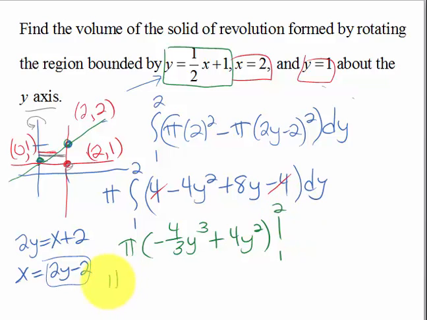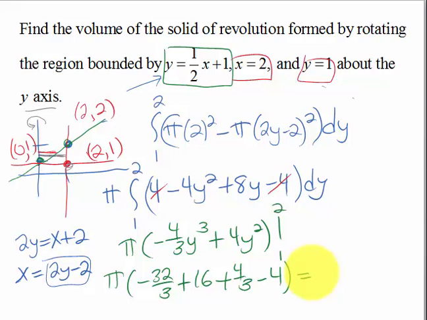So we have pi multiplied by negative 4/3. Putting in a 2 here, we're going to get 8. So negative 32/3 plus, putting a 2 in here, we'll have 4 times 4, that's 16. And then putting a 1 in here and subtracting off the lower limit, that'll make that a plus 4/3. And putting a 1 in here and subtracting it because it's a lower limit will be minus 4.